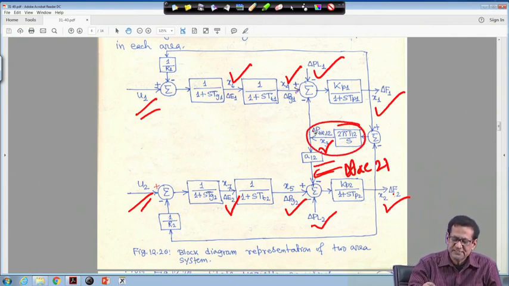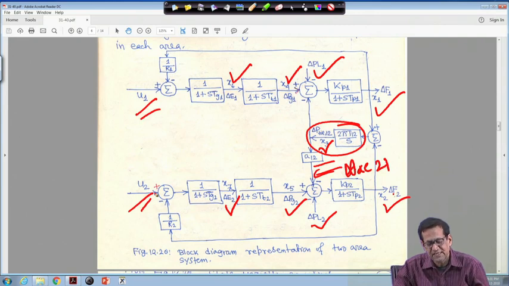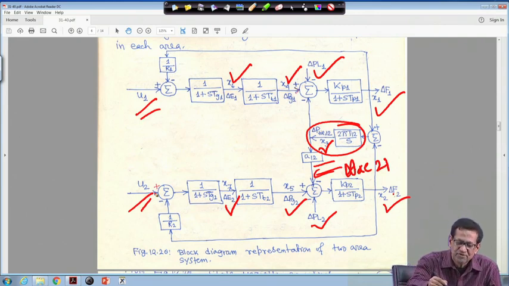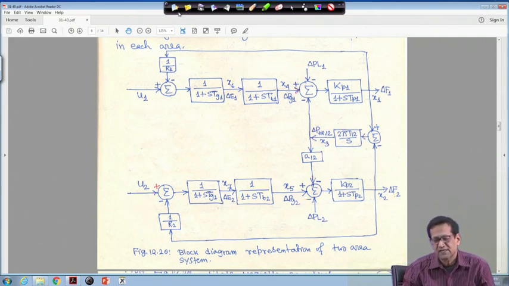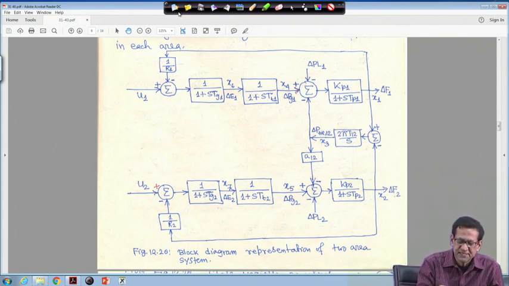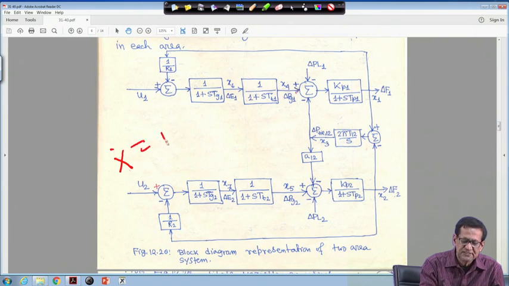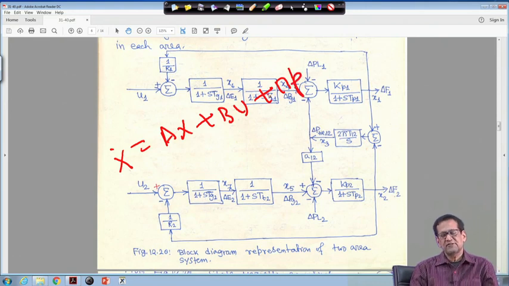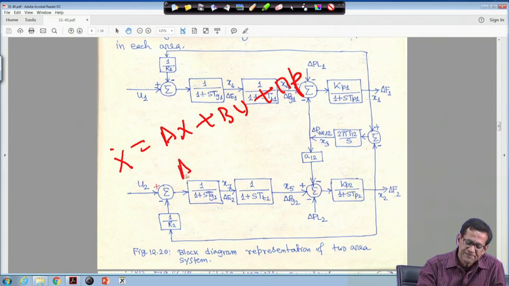This is the two area system, but U1 and U2 are coming from somewhere, later we will see. So, this is the two area block diagram model, and you have 7 state variables. When you write the equation x dot equals Ax plus Bu plus Gamma p, you have 7 state variables, so the A matrix will be a 7 by 7 matrix.